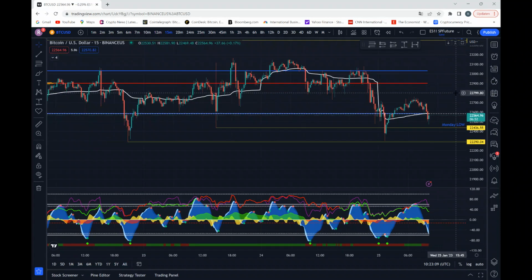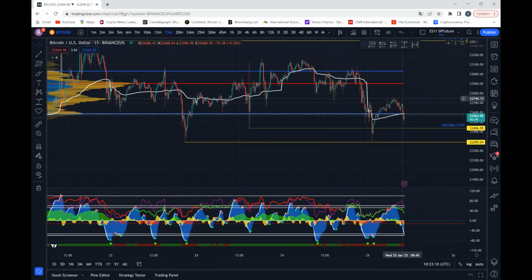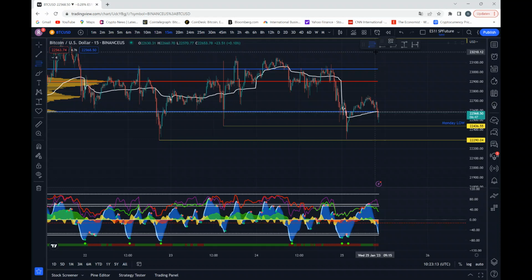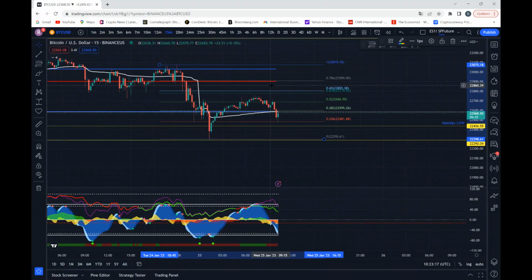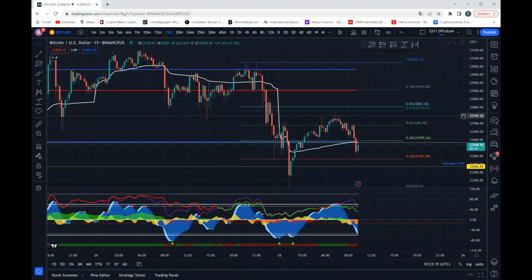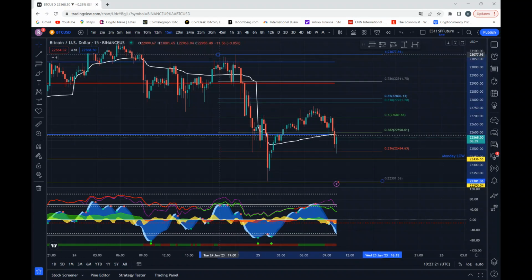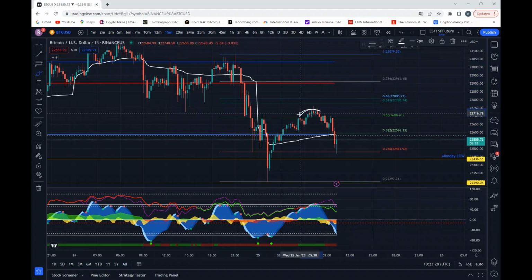What I am actually more looking out for is not really this dump down and then to long it, but to maybe take a short from this golden pocket, the 78.6. And I remind you again, we are on the 15 minute, so it is a relatively small time frame, but you can see that we just front ran that golden pocket.